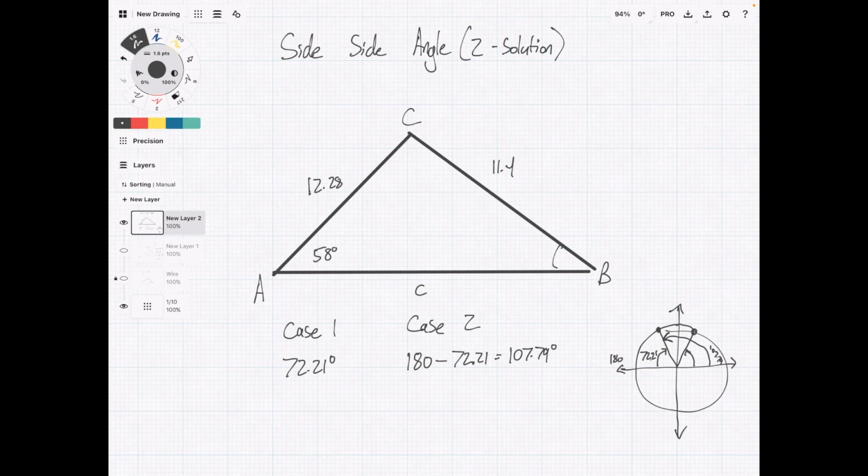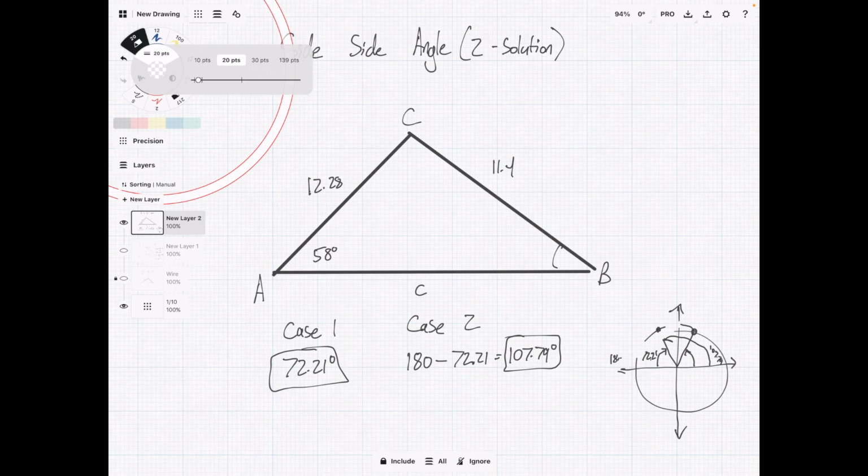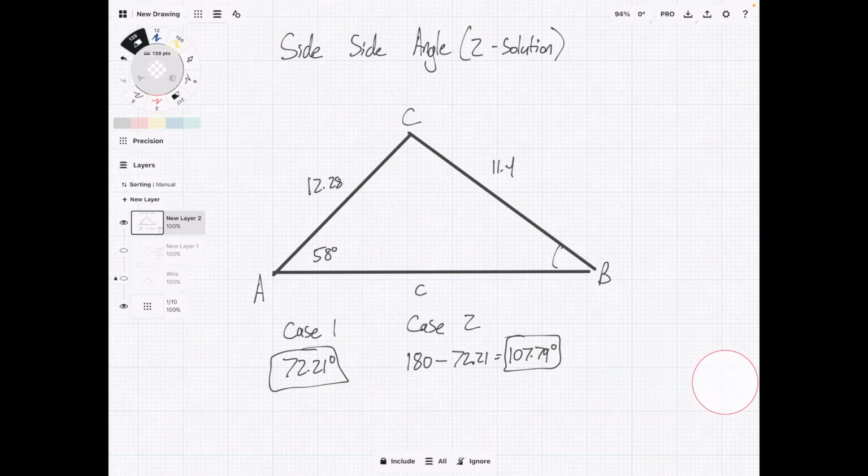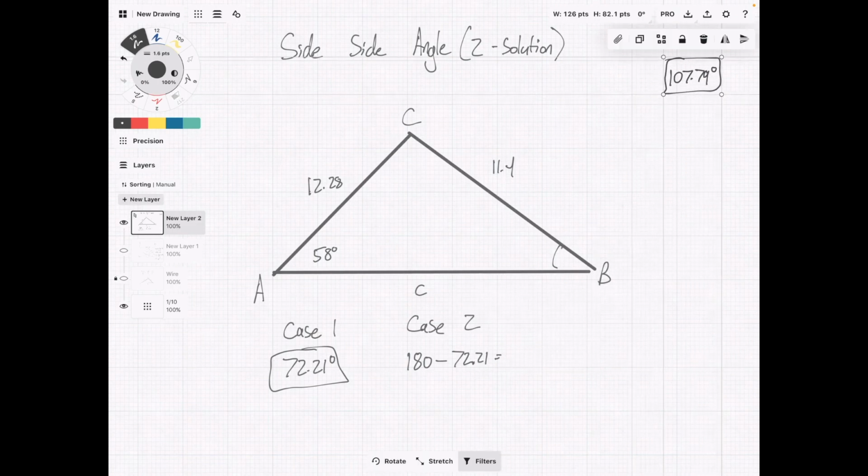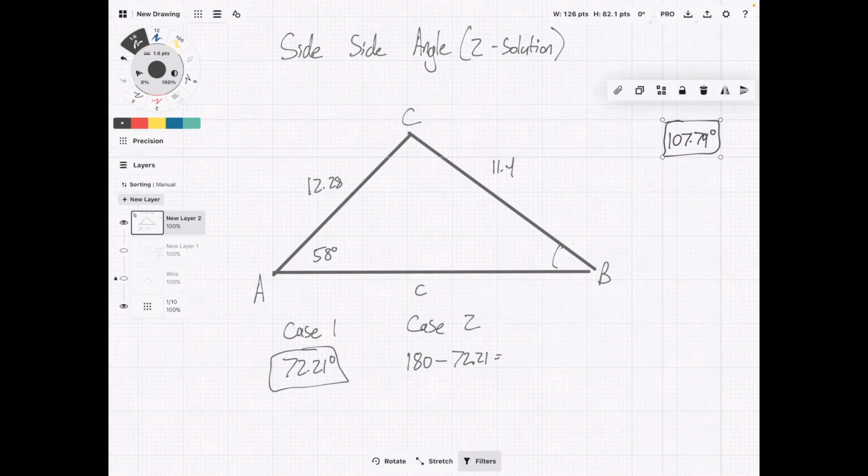Okay, so we have two options for our triangle, and we'll need to plug those in to see if they actually work. So let's give ourselves some space here. We're going to save this one up here, and this one as well.